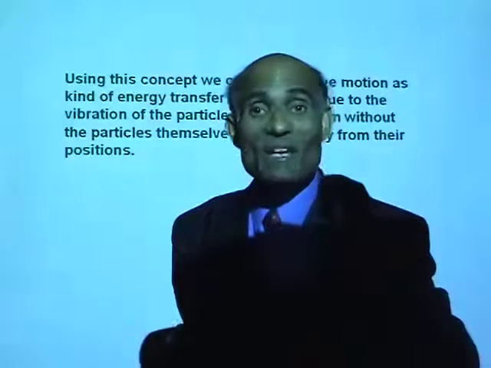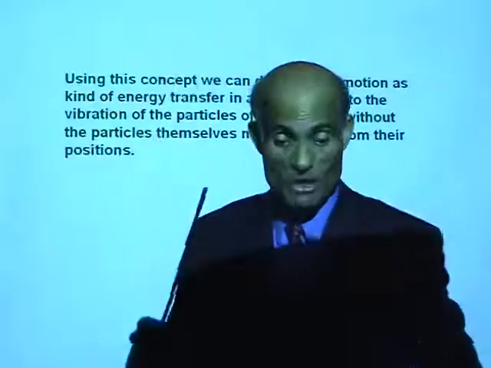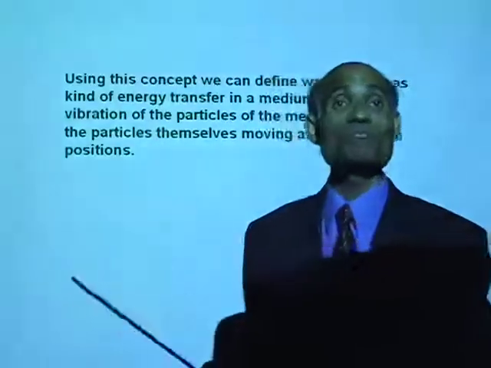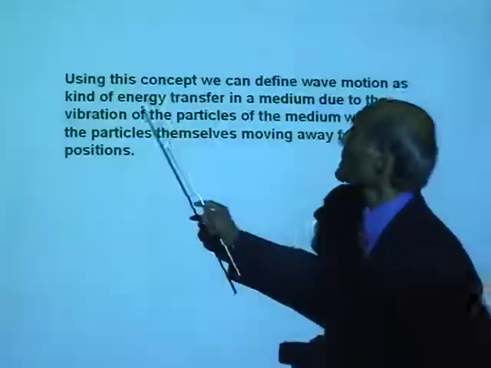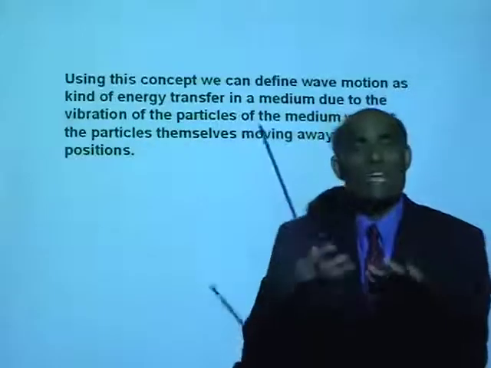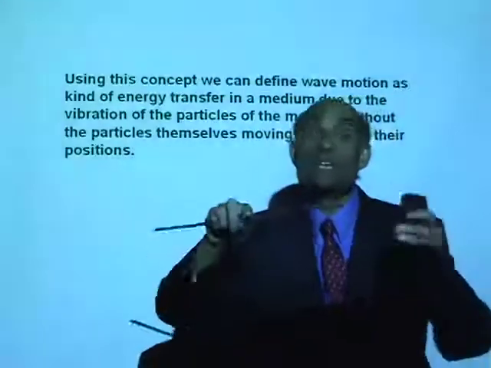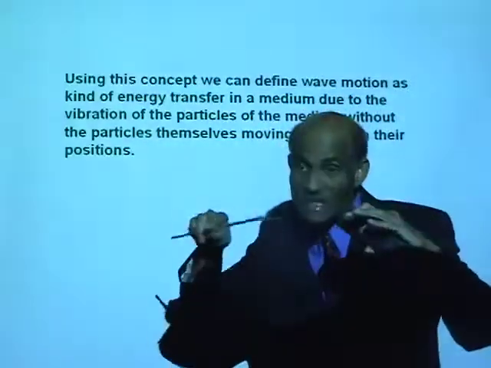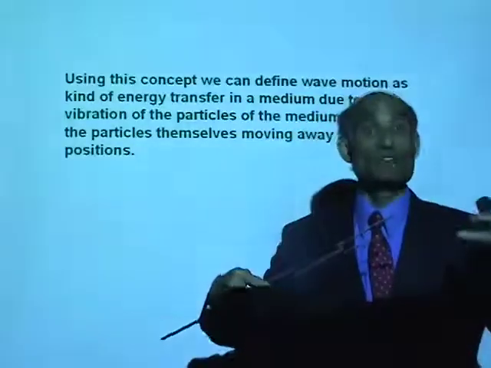So, if you understood anything of what I have said so far, we can use all that concept to define wave motion. What is the definition for wave motion? We can say wave motion is a kind of energy transfer in a medium. The medium may be water, it may be the straws with the tape, it may be the spring, it may be air, you see?